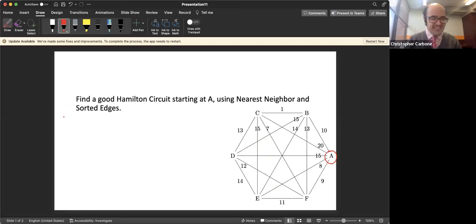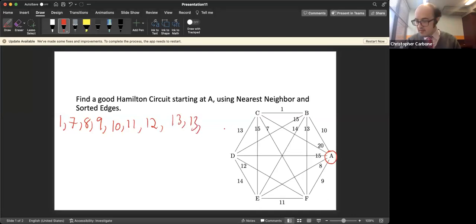There's a lot of edges. 1, 7, 8, 9, 10, 11, 12, 13, 13, 14, 14, 15, 15.